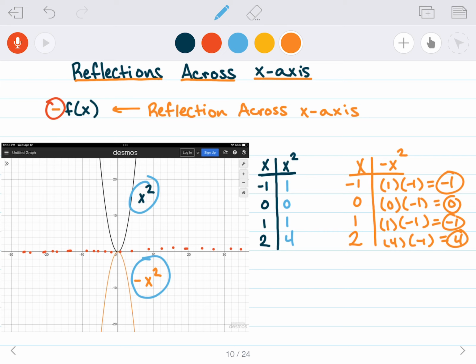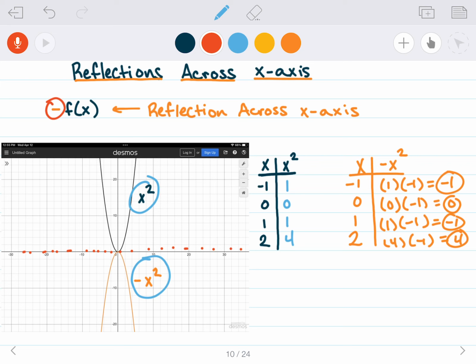And we can see this on the graph too. If I plot my points here, and actually this is not a great graph. But the idea is that the inputs are the same, but the y values are opposite.